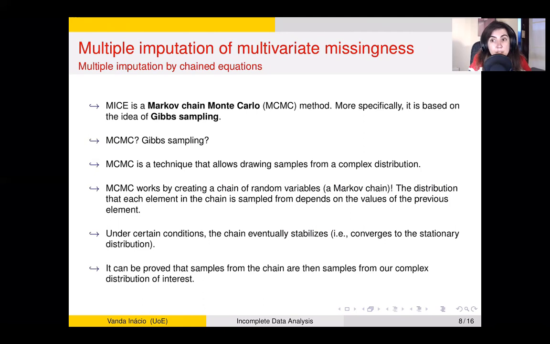For instance, in the case of y1, we were drawing from its imputation model that depended on y2, y3, y4, and the other variables, and we use the most updated value. So this is the Markov chain idea behind mice, and under certain conditions, the Markov chain of the draws that we are making will eventually get stable, and it can be proved that samples from the chain are then samples from our complex distribution of interest. So this is the main idea behind mice.